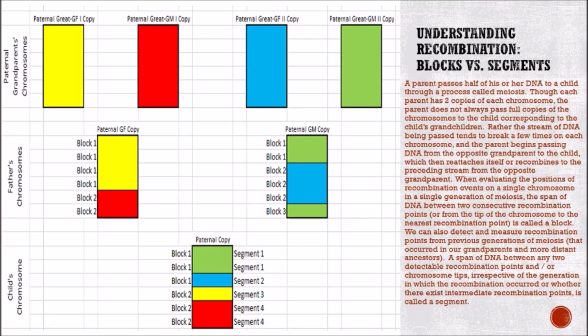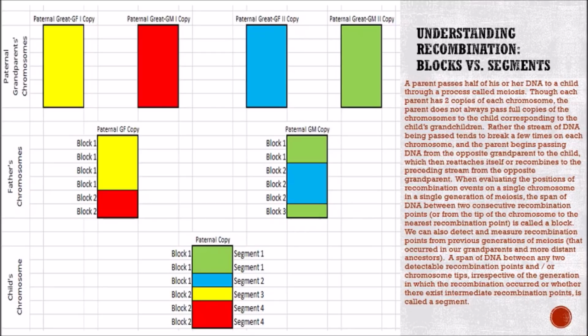A blue and green combined section will be a block, and then he'll switch and pass whatever he has in his yellow-red side. So in this example, the father starts on his maternal copy, passing the child his maternal copy, which is green at the top and then goes blue. And then he stops. That's one block, although that block has 2 segments.